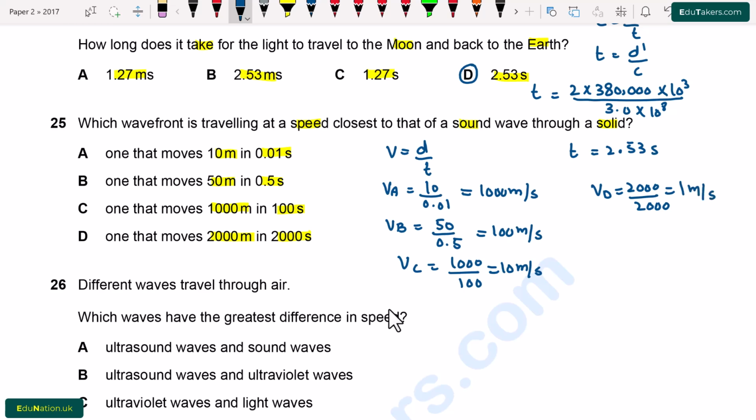The speed of the sound wave in the solid is almost from 4000 to 5000 meter per second. Now we can see here that the speed for option A, which is 1000 meter per second, is closest to the speed of the sound through the solid as compared to B, C and D. From here, option A is correct.